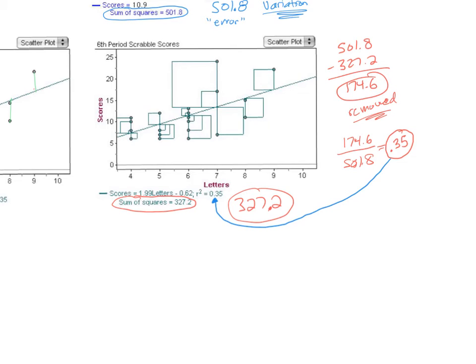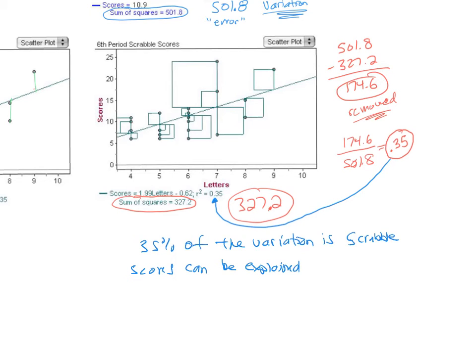We would say 35% of the variation in Scrabble scores can be explained by the regression with letters in your name.